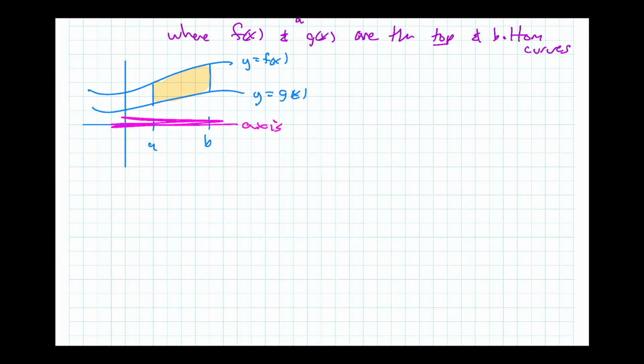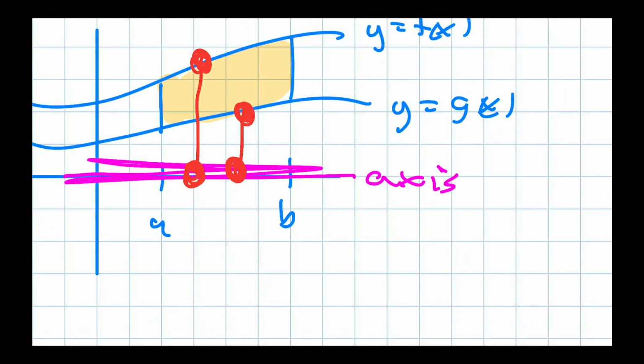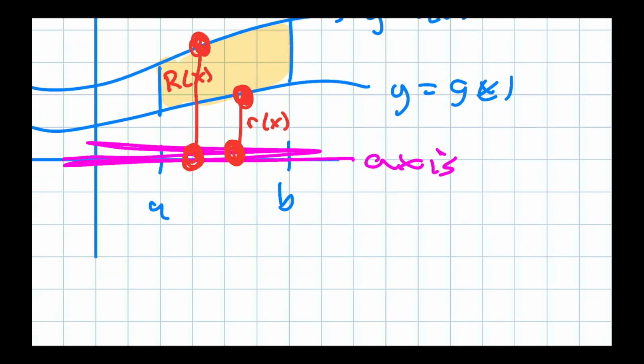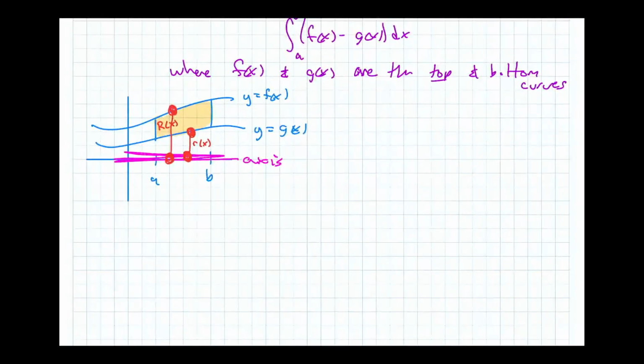And this time you've got two radii: one radius to the top curve and one radius to the bottom curve, right? There are different conventions for this. Usually what I do is I call the top one big R and the bottom one little r, like that.